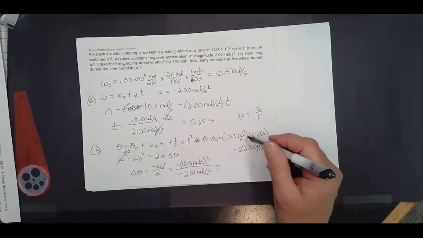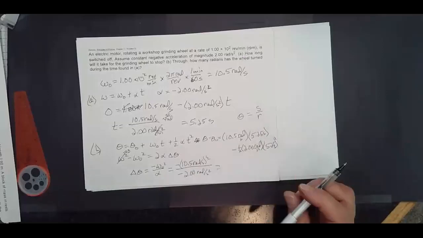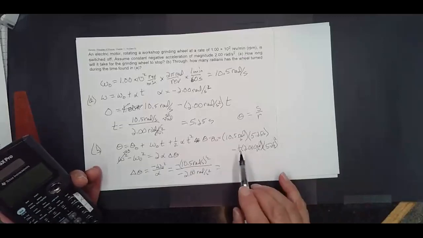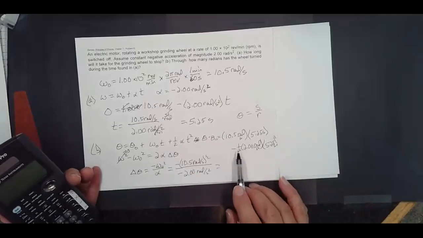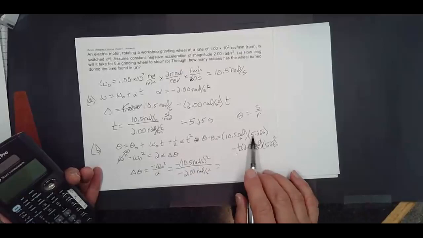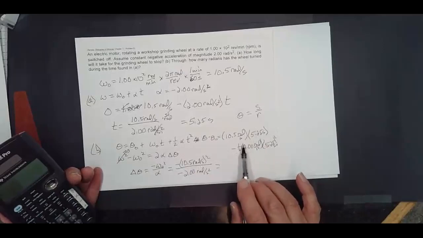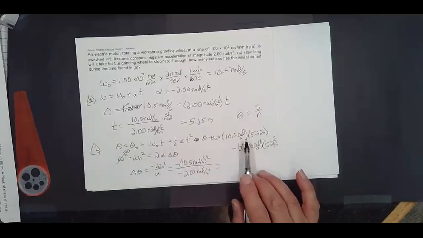Anyway, when I do that, I'll get something close to 50, which is about what I estimated. Actually, that's about 50. 10.5 radians per second. I'm not sure.